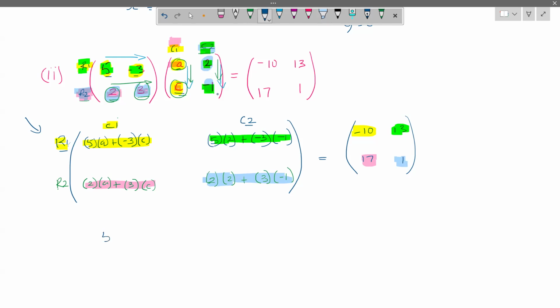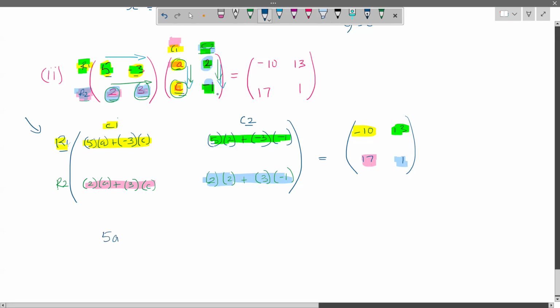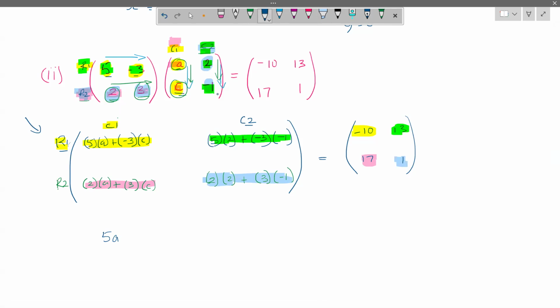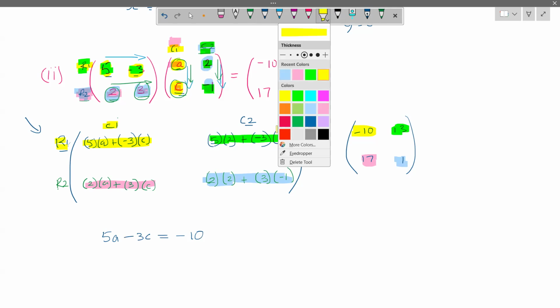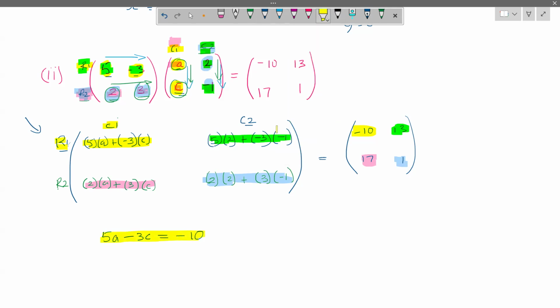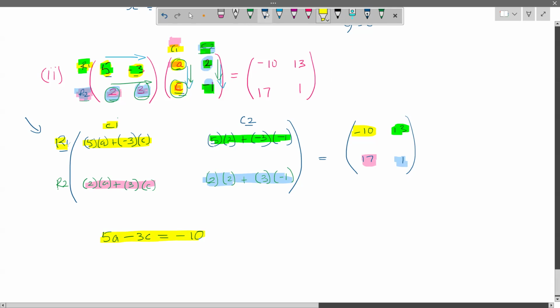So 5A, we'll give them a 5A plus negative 3 by C, we give them a negative 3C, and the plus there, keep it negative, right? And all of that will be equal to negative 10. I'm painting that yellow. Okay? Everybody all right to that?